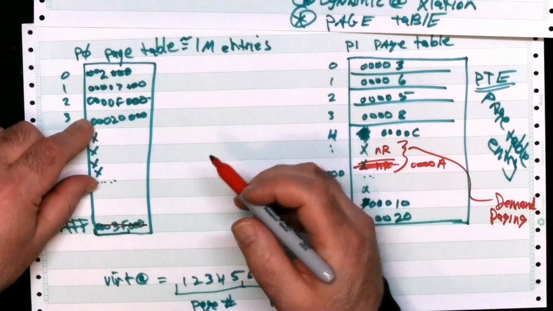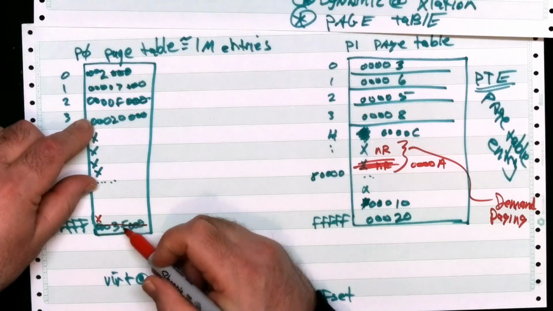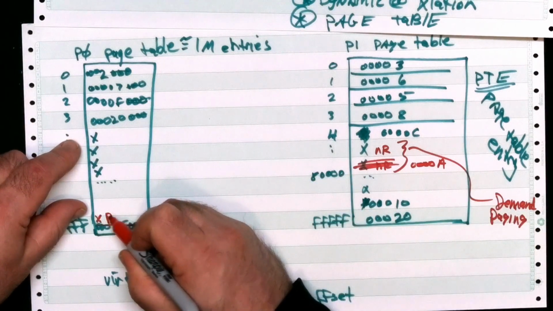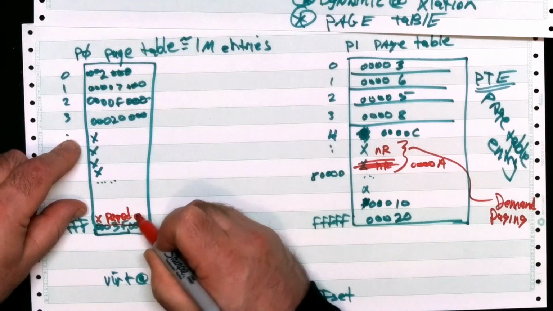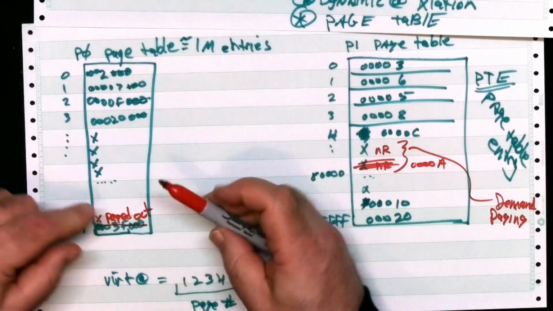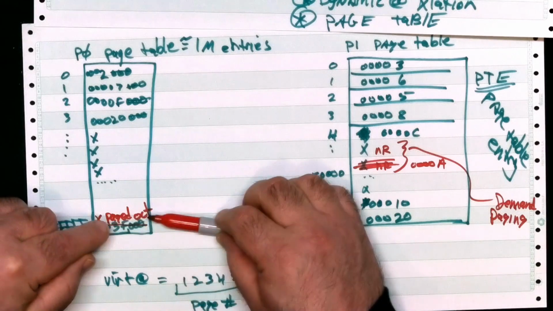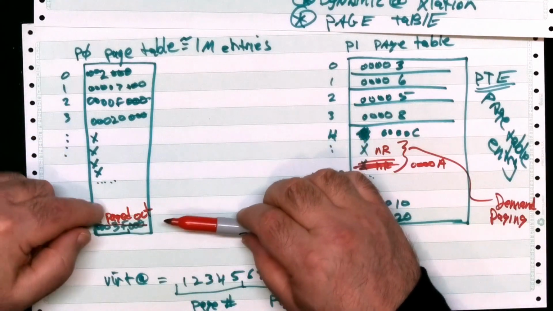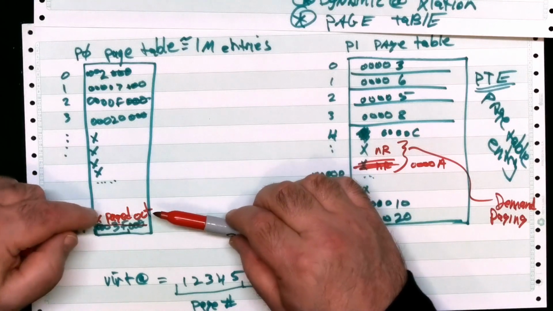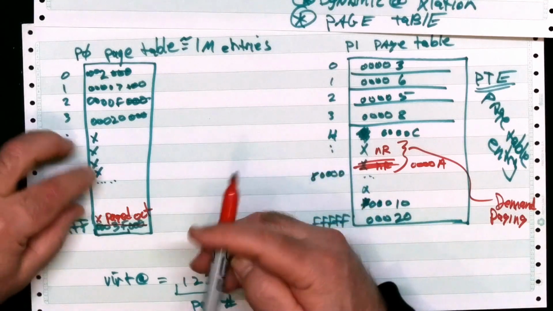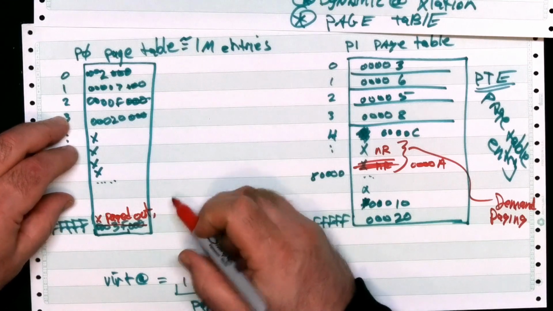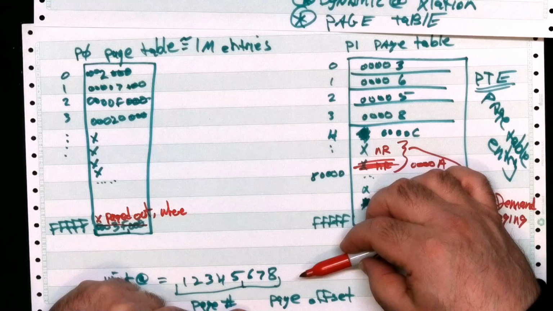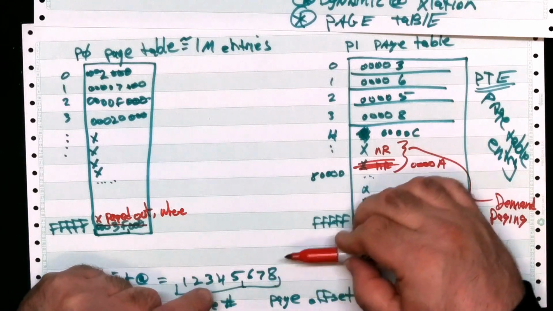I'm going to remember where it is, and I'm going to mark this as invalid, sort of like this, not really, but I'm going to mark it as paged out. There'd be another flag in here. Whenever it's invalid, I could have other flags in here, like paged out, whatever you want to call it, right? So along with remembering it's been paged out, it also remembers where. What sector on the disk did I put that on so I can go find it later?